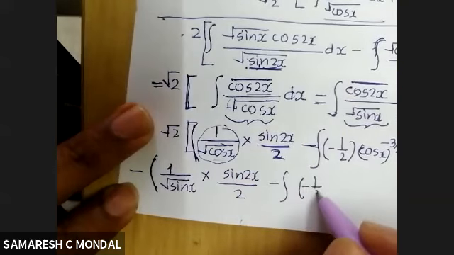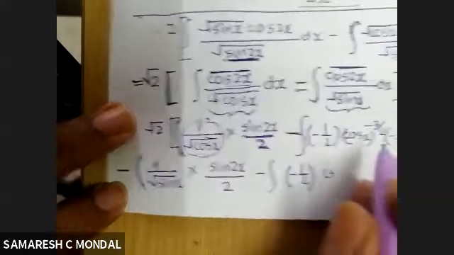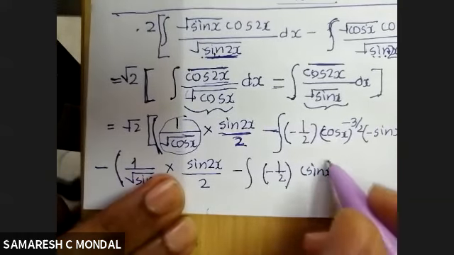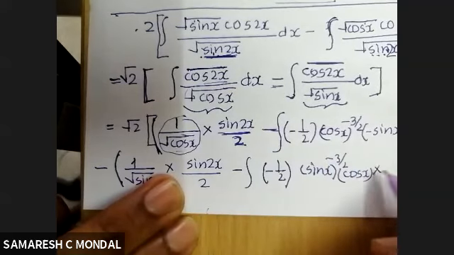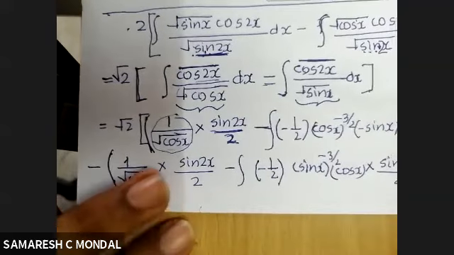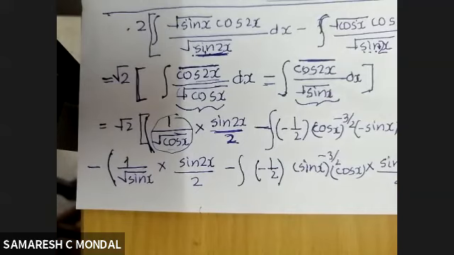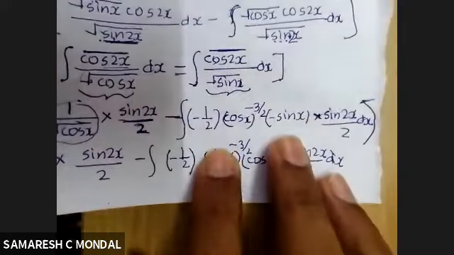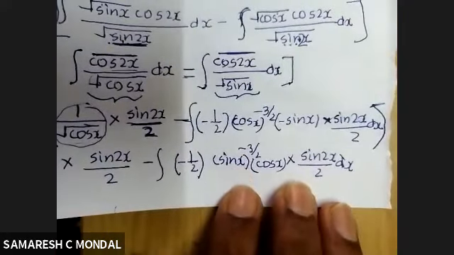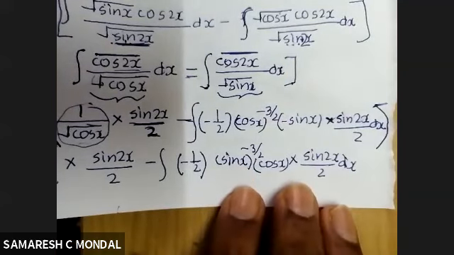Again minus half sin x to the power minus 3 by 2 into cos x into sin 2x by 2 into dx. So these are the two terms. You note down. If you do u into v, it will easily come.